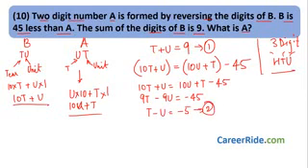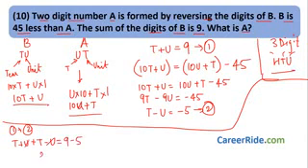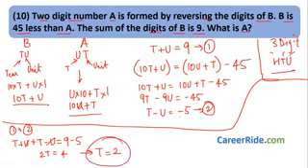Okay, now what to do? We'll add the first and second equations. Let's solve it here at the bottom. 1 plus 2: T plus U plus T minus U equals 9 minus 5. U gets cancelled. 2T equals 4, and we get T equals 2. So how to find U?